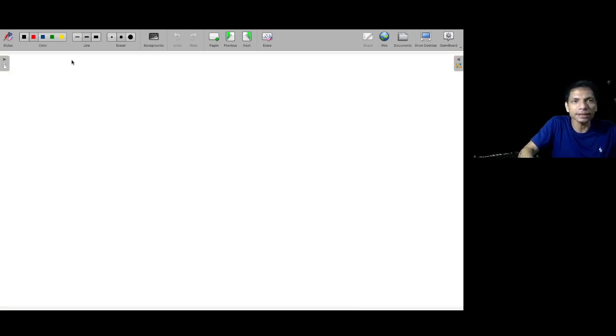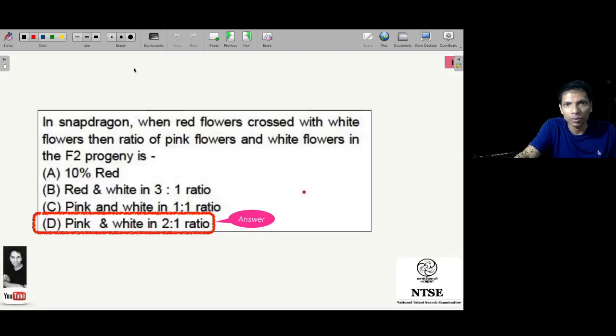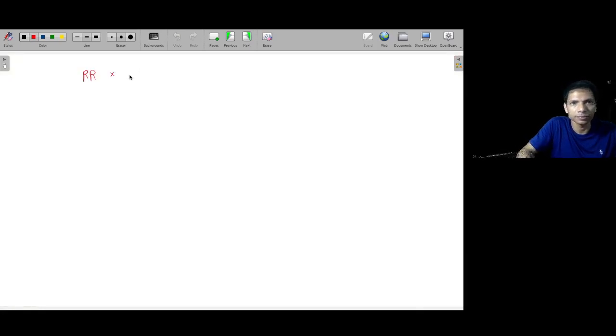They're asking that in Snapdragon, the red flower is crossed with the white flower.